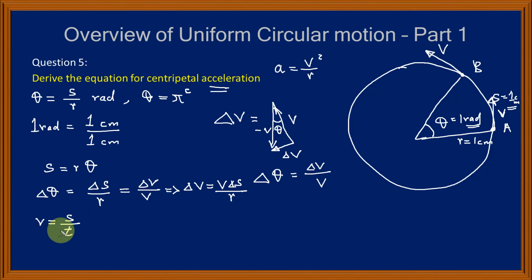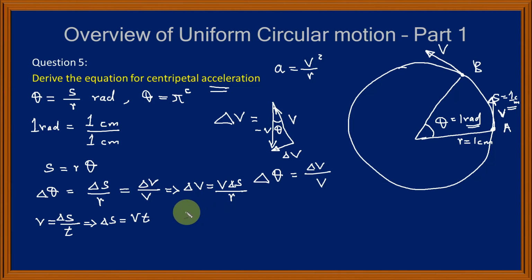So, if we think about this object having traveled a small distance, delta S, along the circumference of the circular path, then we can say that speed is going to be equal to delta S over T. This implies that, if I want to make delta S the subject, it's going to be equal to V times T.